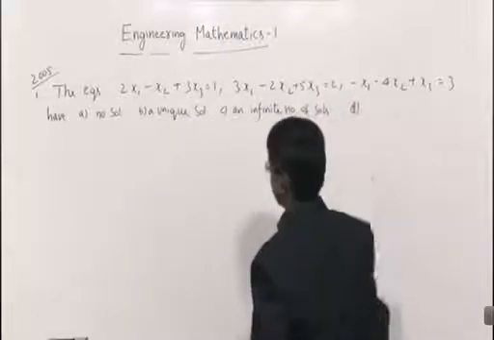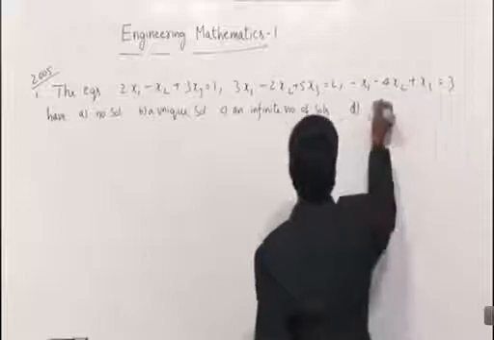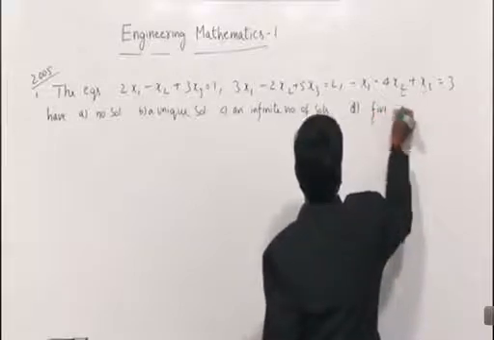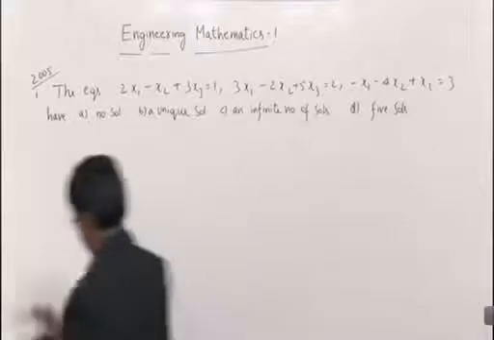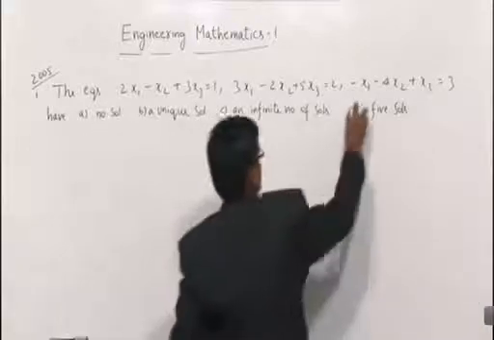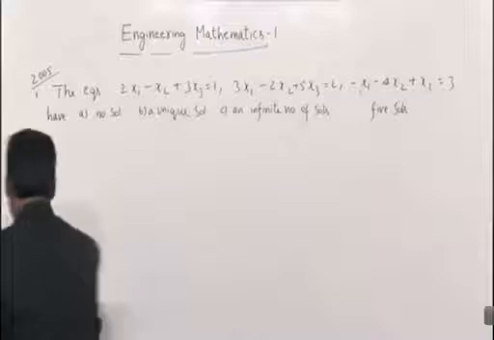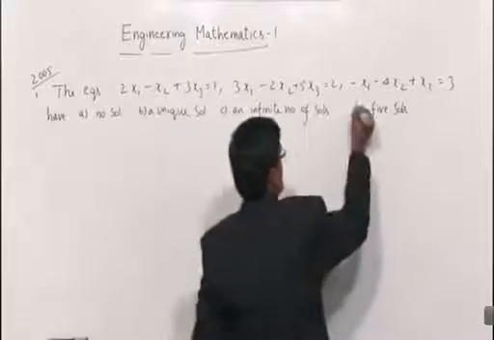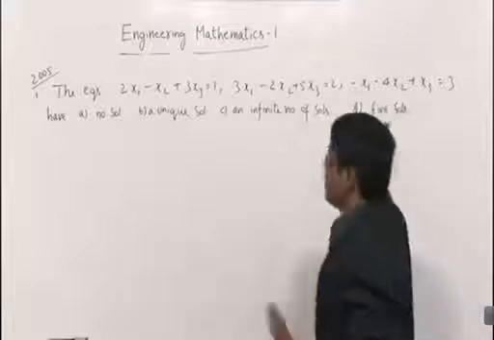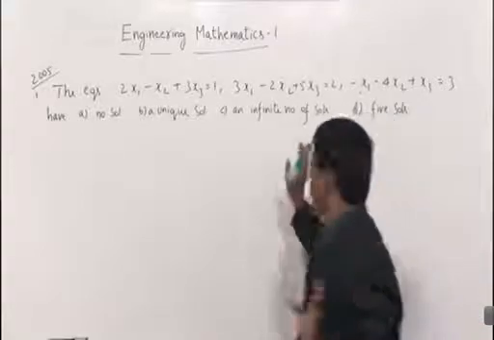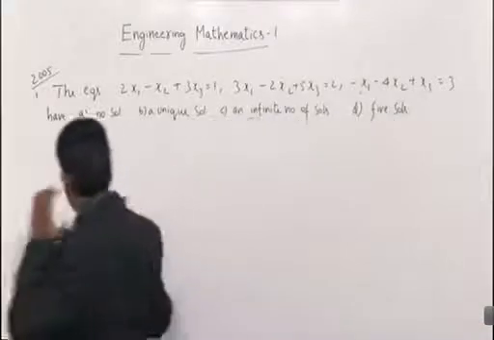Option D, 5 solutions. In the above, I didn't give 2 solutions, 3 solutions or 5 solutions, so automatically option D is a wrong statement. Okay, you have to check one of the options A, B, C.